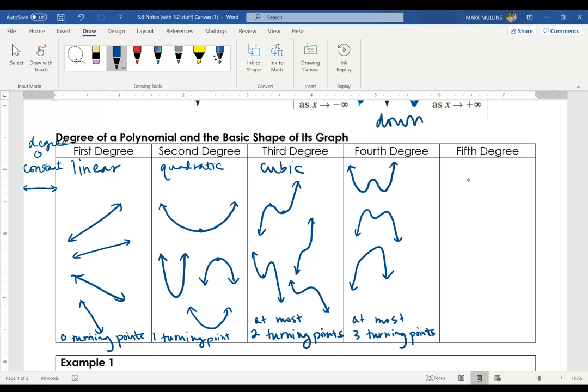Or it could be a tall, skinny parabola kind of shape, but very tall and skinny. Or we could even get something like this, where one of those humps is really small and the other one's really big. So those would all be fourth degree graphs. When we look at fifth degree, our pattern continues. We have at most 4 turning points.